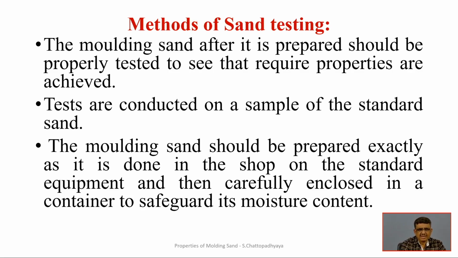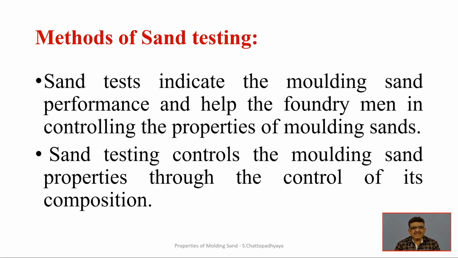So, methods of sand testing help in controlling the properties. These are the tests, and these tests will signify the properties of the existing sand, and the testing controls the moulding sand properties through the control of its composition. The composition has to be controlled, and also the baking part of it has to be controlled, but mainly the control of its composition.